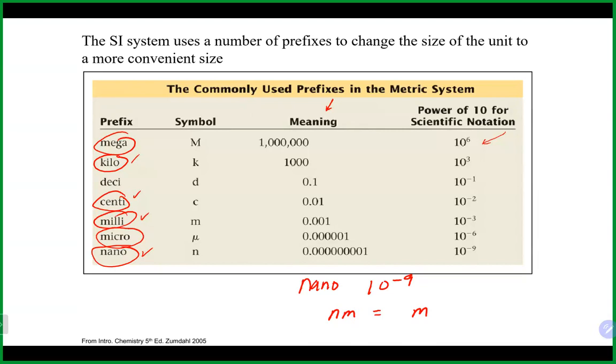So nanometers and meters. So meters is really the base unit. The nanometers is the prefix unit. So when you look at something like 10 to the minus 9, what that means is in one of the prefix units, that's how much of the base unit you have. So that means that in 1 nanometer, you got 10 to the minus 9 meters.